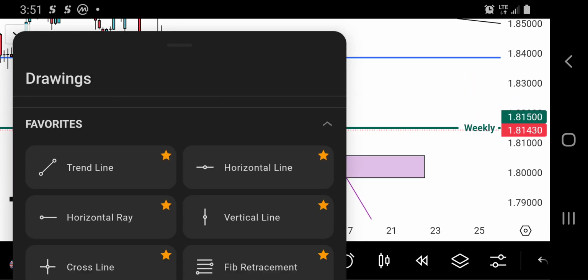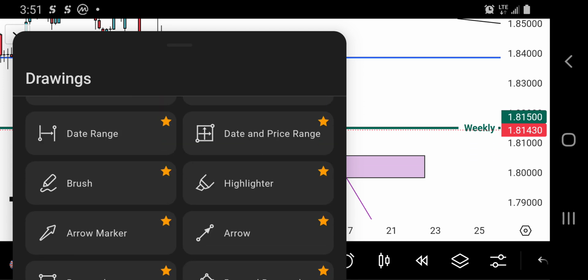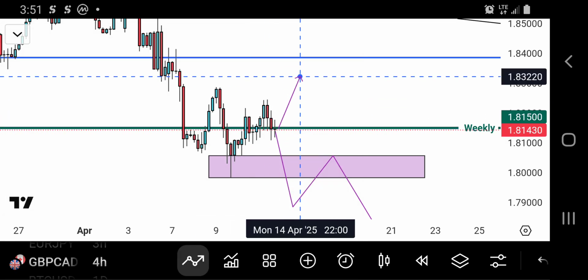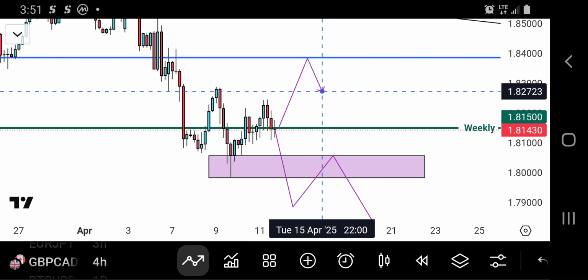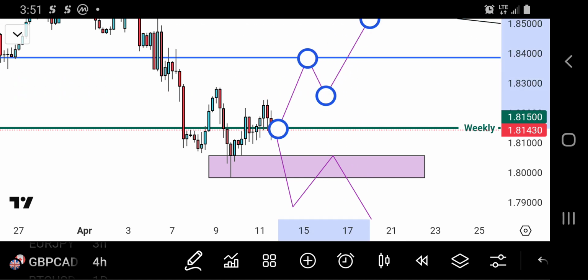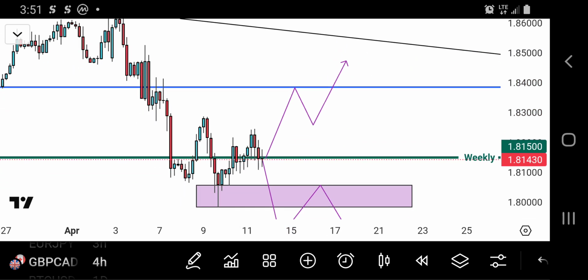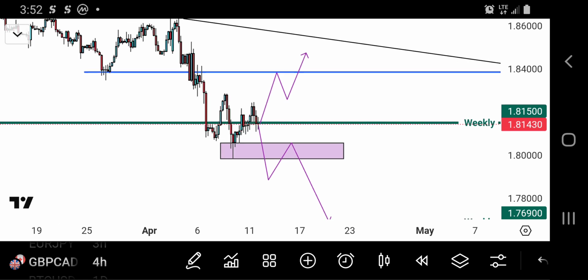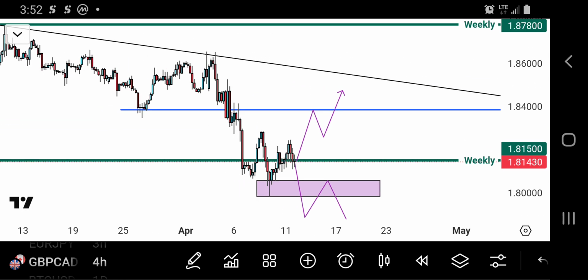Then for the longs, I want to see the market go up, maybe as far as here, come down to this area right here, and then lead us up. This is what I would like to see for the uptrend. And for the downtrend, this is what I would like to see. So that's just it.